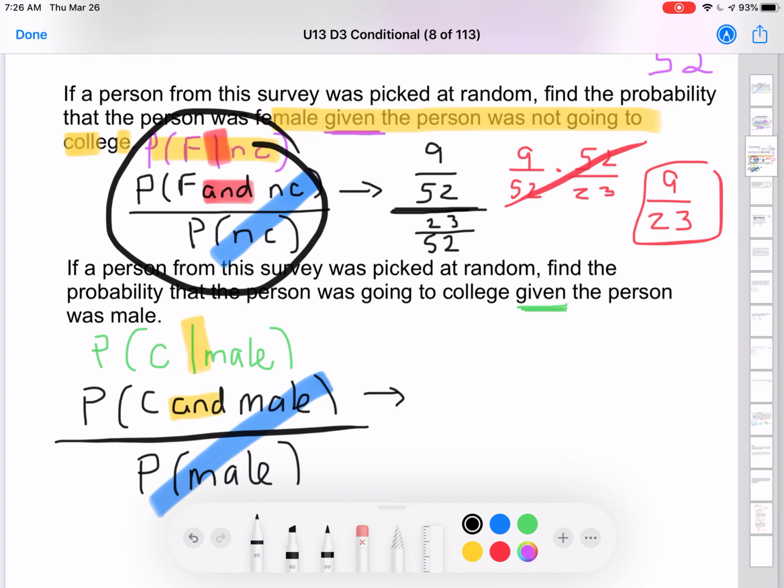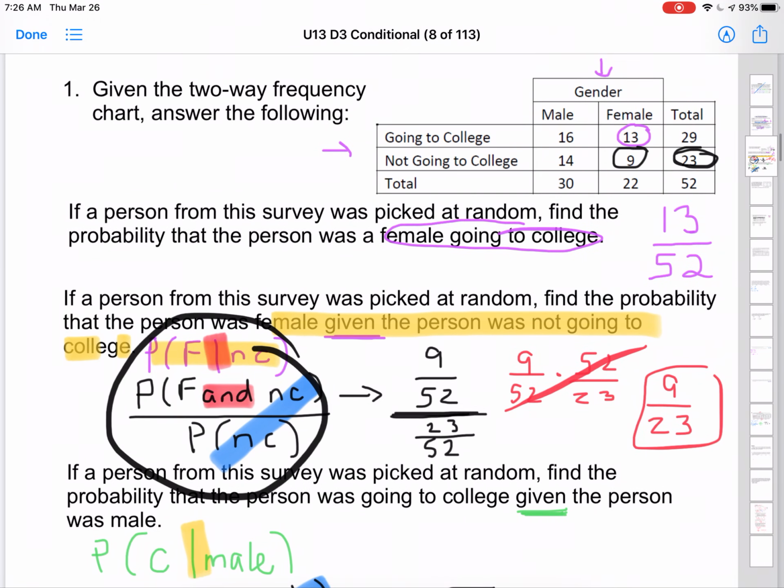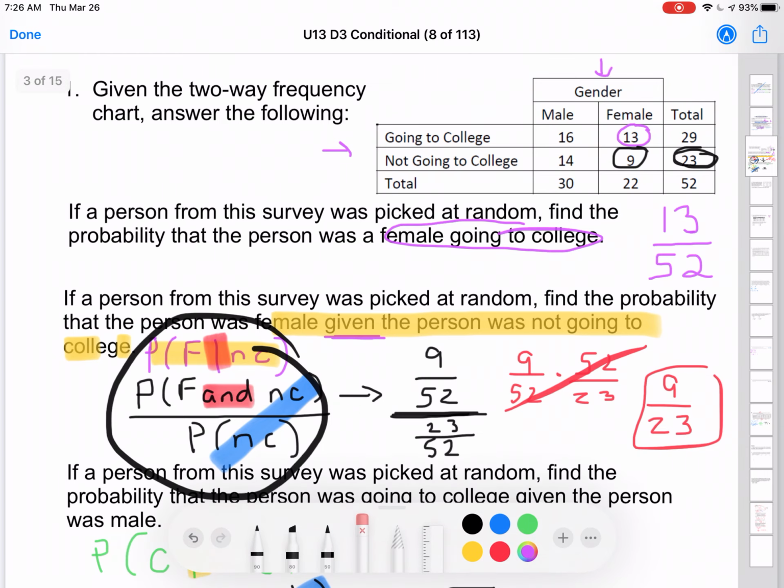Okay, so probability of college and male. So there's 52 altogether. Right? Now we got to go back up. College and male. So college and male. I'll erase some of those guys. Okay, so college and male.